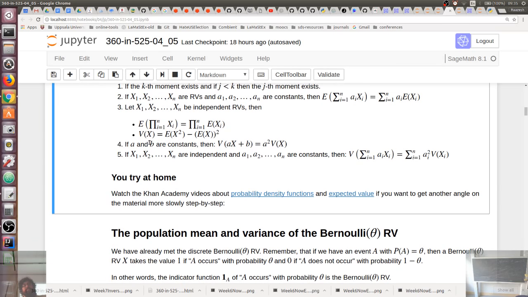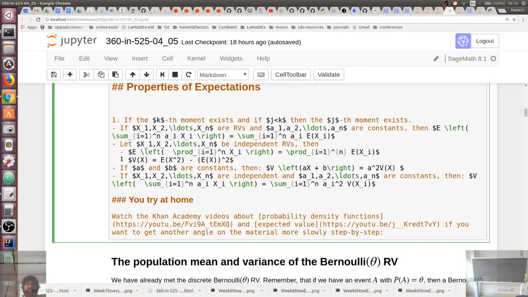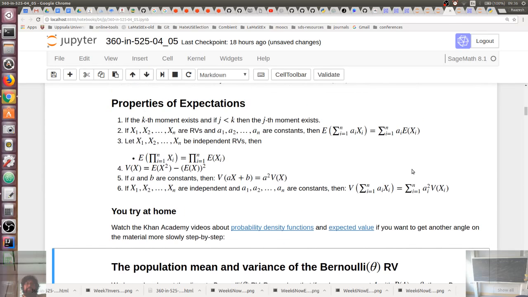And the variance of X is given by the expectation of X squared minus the expectation of X, the whole squared. Oh, that's a typo. That should just be a separate bullet point. Sorry. You see, that's nothing to do with the independence.